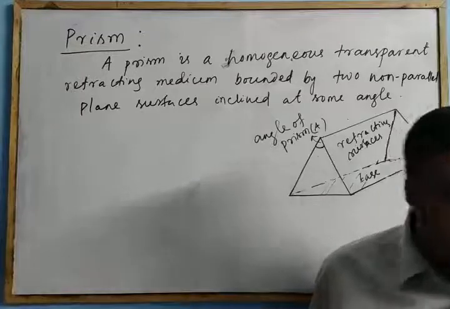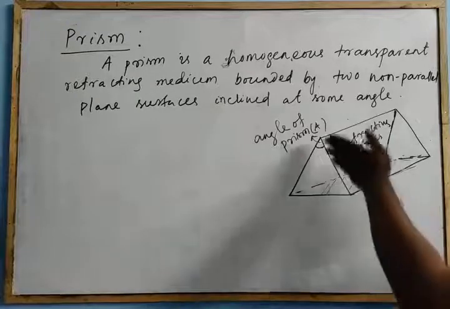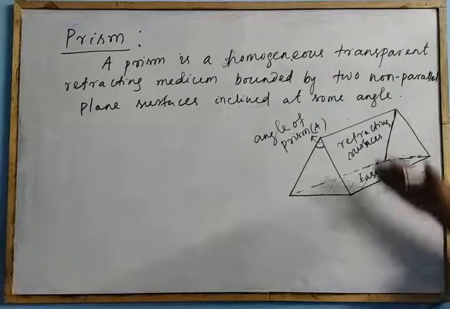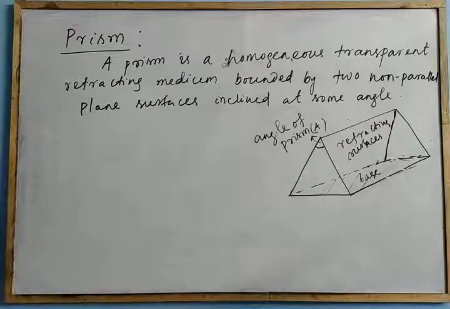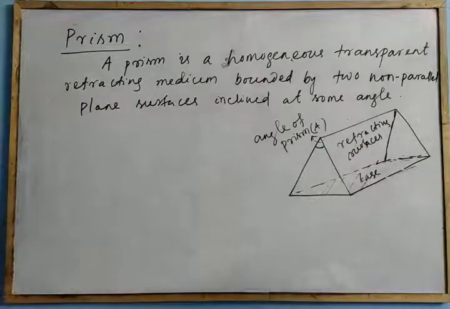In the prism case, any section of the prism cut by a plane perpendicular to the refracting faces or edge is called the principal section.